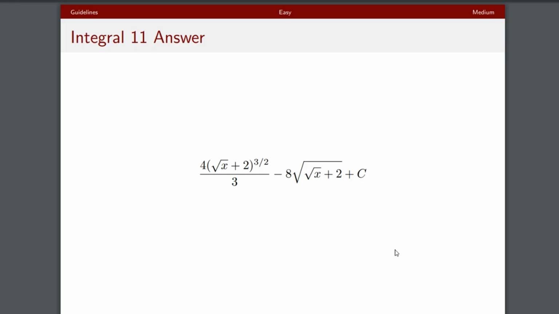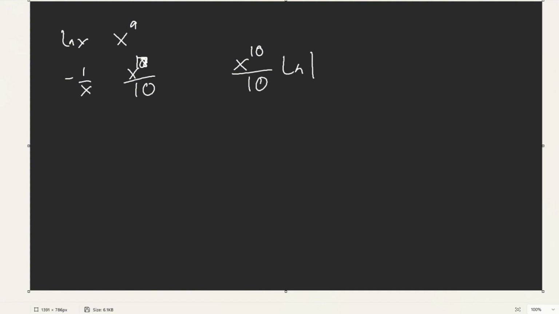Okay. Next. Oh, okay, x to the 9, ln of x. This one, I've done so many times that I kind of get a feel of it. So pretty much what we have is ln of x minus x over 100.